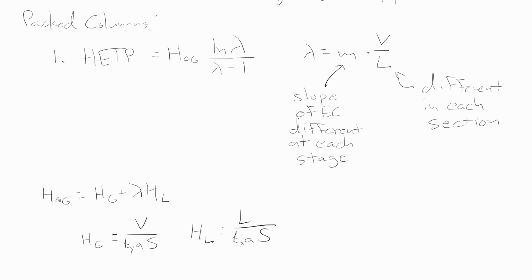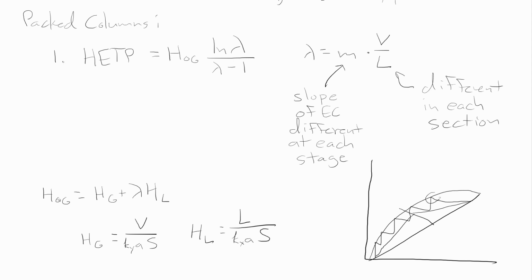So what we wind up with is, again, we draw our McCabe-Thiele diagram, and we say that for every stage, we can find a lambda. Lambda allows us to get this value.